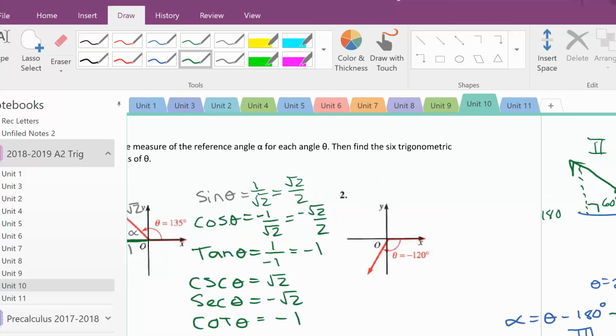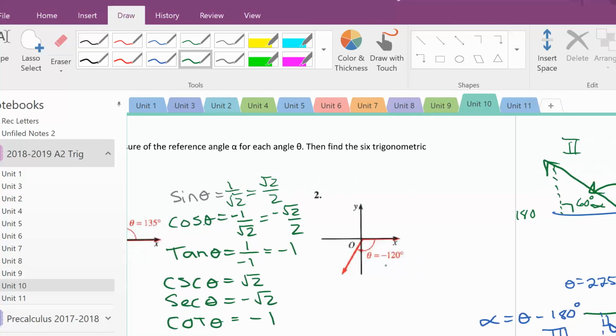All right. For number 2, notice that this is -120, but our reference angle is still going to be positive, and it's still going to be here. Now what we can do is just, since this is -180, we go 180 minus 120, which is 60, or if it helps you to follow my rules, make this the positive coterminal angle.